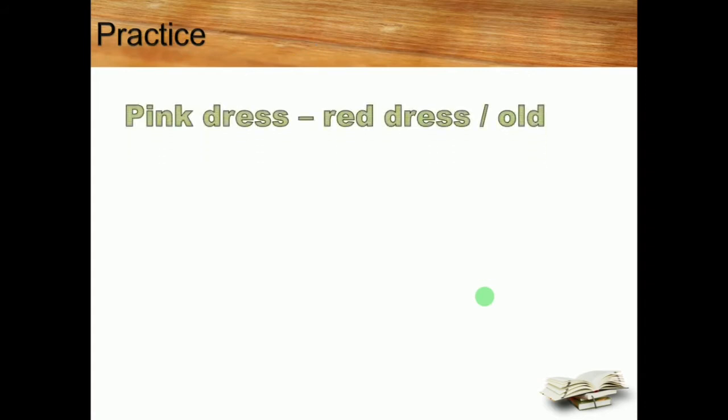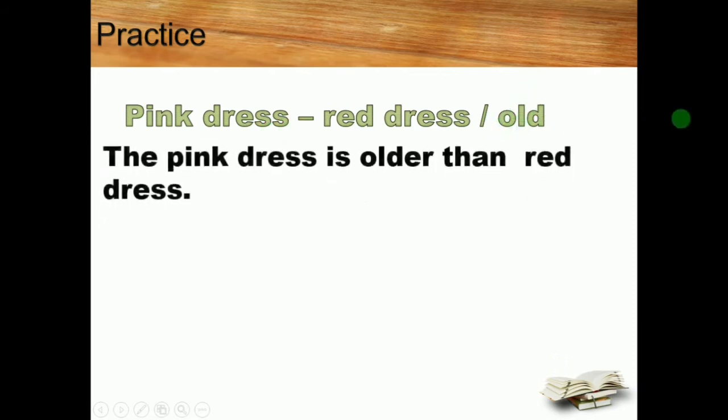Bien, ya una vez explicado esto, es tiempo de practicar. Voy a poner dos artículos. Tengo pink dress y red dress y el adjetivo con el que vamos a comparar. Vamos a comparar el pink dress con el red dress. Quiere decir que quedaría the pink dress is older than the red dress.